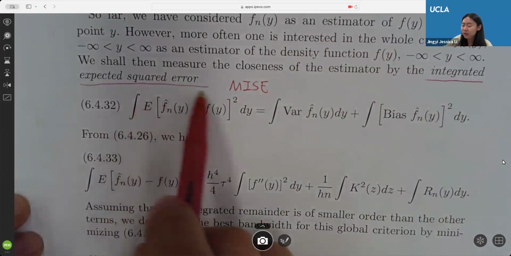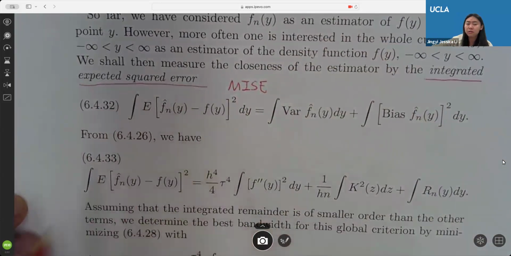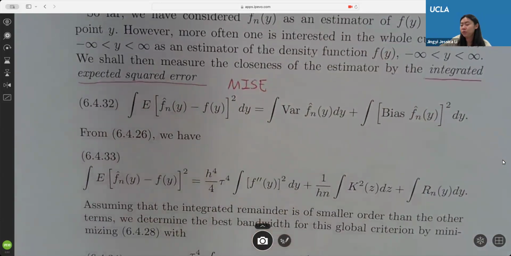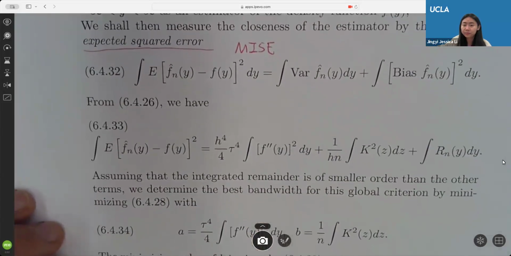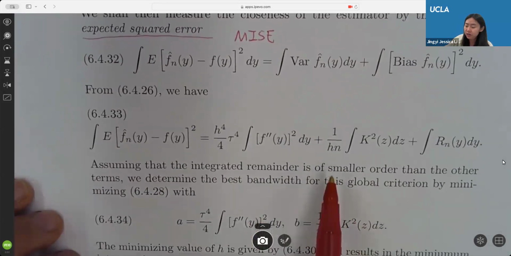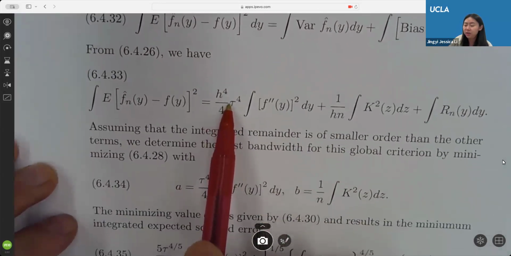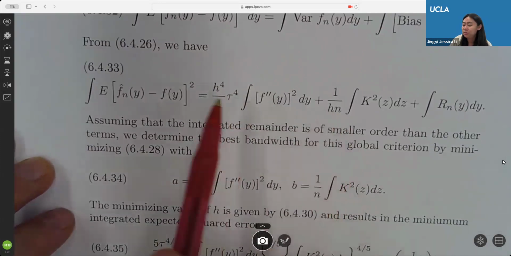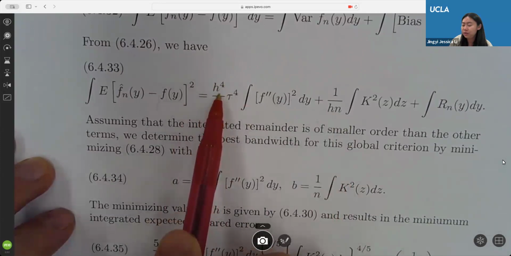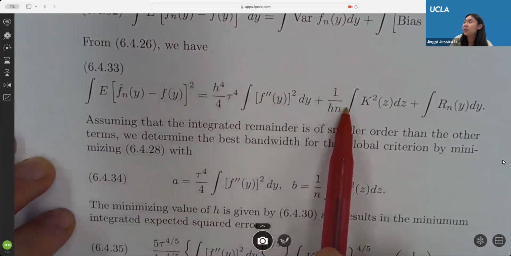So essentially, you're talking about integration over all possible values of y you want to evaluate the density on. Therefore, your variance and bias squared both need to be integrated. But the integration doesn't actually change your dependence on the bandwidth or the n. So you still have h to the 4th in the first term, 1 over hn in the second term.